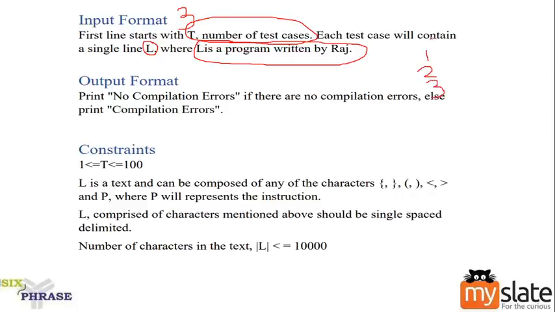So analyze each line. Say whether the first line is right or wrong. Say whether the second line compiles without any errors. Say whether the third line compiles without any errors. Like that, analyze it for each line. So if there are no compilation errors, you need to print no compilation errors, otherwise print compilation errors. Okay, so let me develop the code till this point.